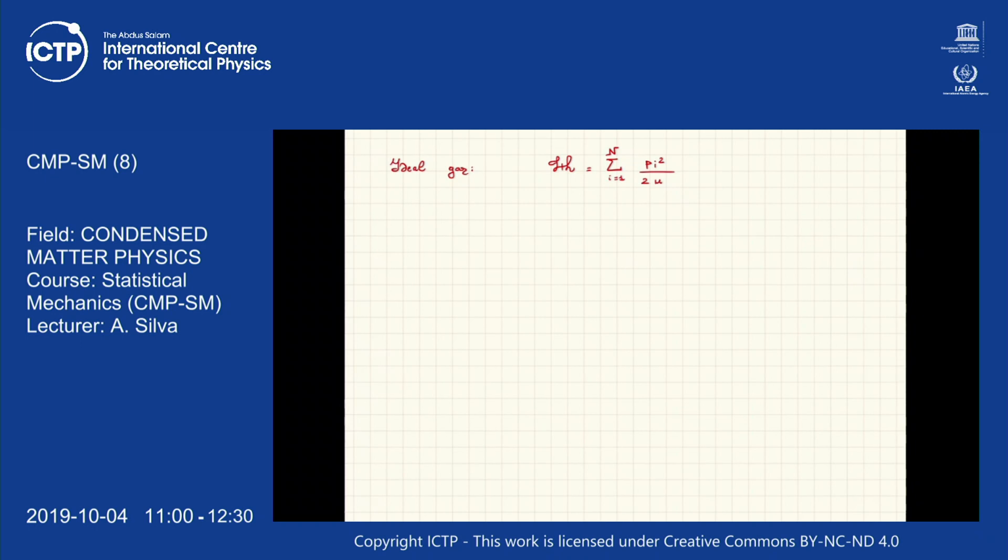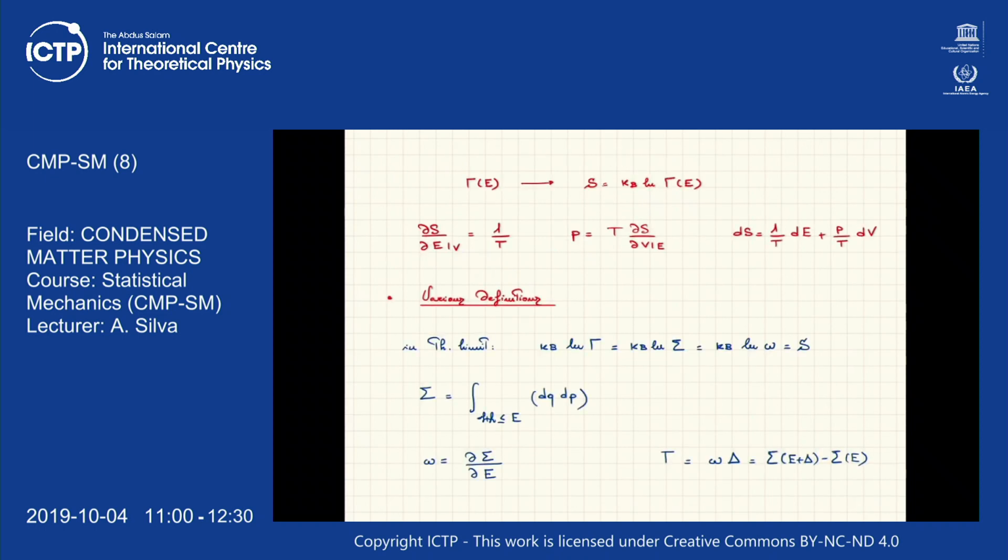Okay, so now given this, let us compute sigma. Sigma is equal to the integral over all H smaller than E of dq dp. Now we have to be careful about one thing here, it is quite important. In all these definitions that I gave you, gamma was a volume in phase space.